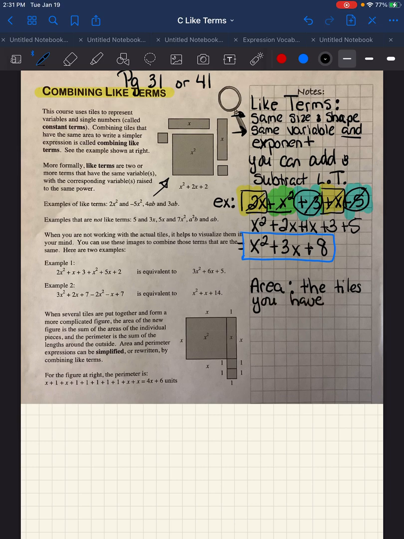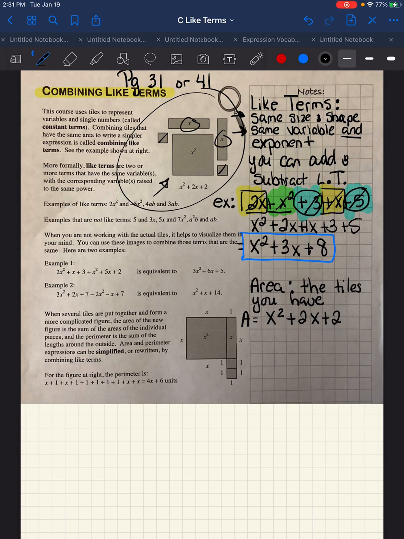So in this example, I'm looking again at this one right here, we have an x squared, I have 2 x tiles, and I have 1, 2 unit tiles. So that would be the area of that group of tiles. X squared plus 2x plus 2.